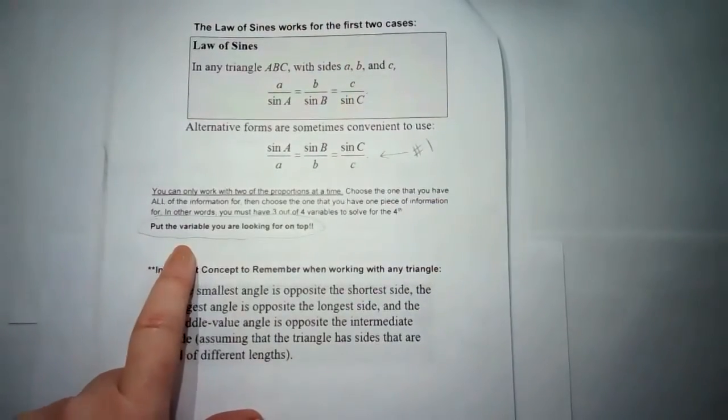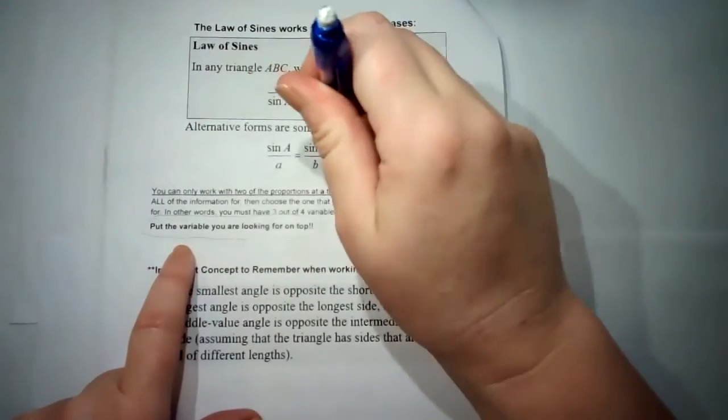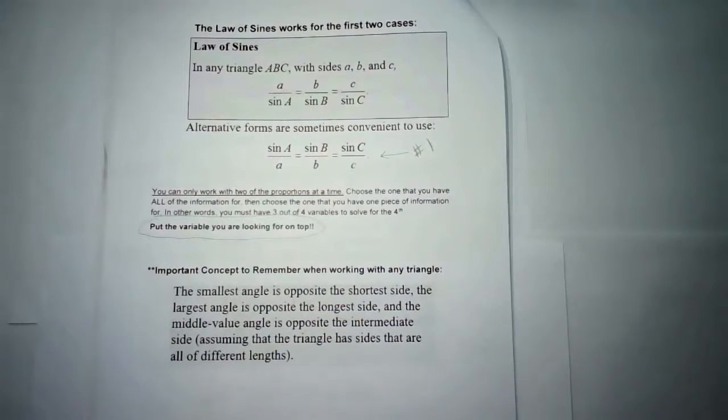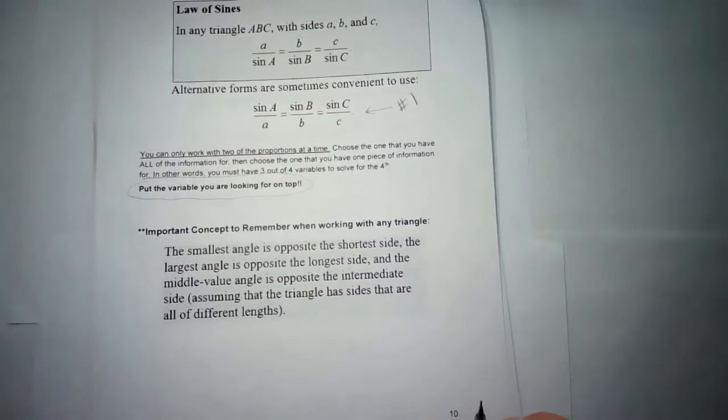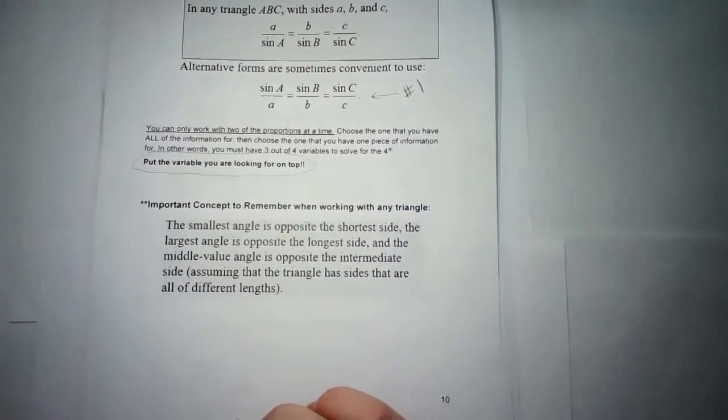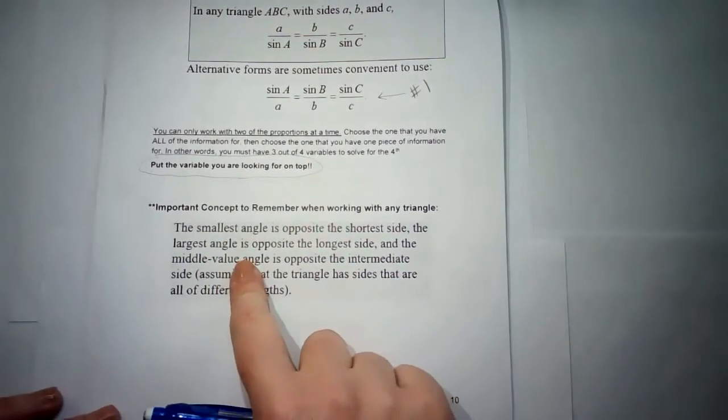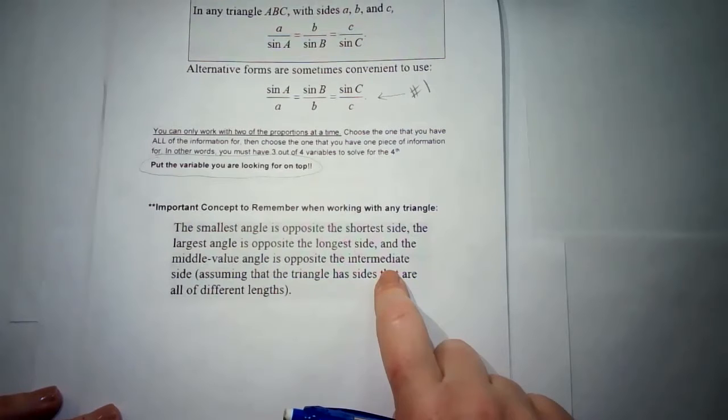If you're looking for an angle, choose this one where the angles are on top. It doesn't really matter, but it'll make your math so much easier. It makes it much, much easier in terms of math, but it's not a deal breaker by any means, okay? All right, and then we also want to just remember this, we talked about this already, that your smallest angle is across from your shortest side.